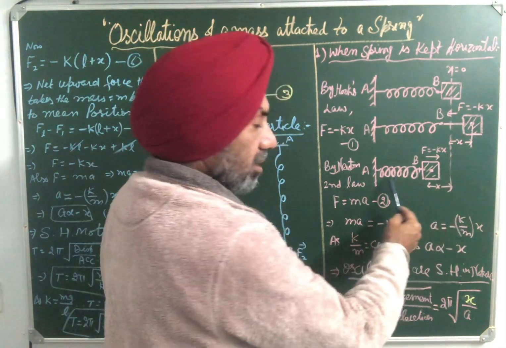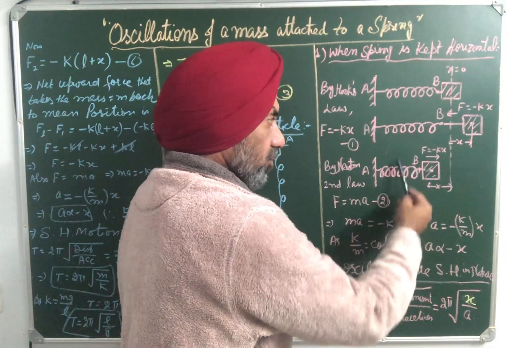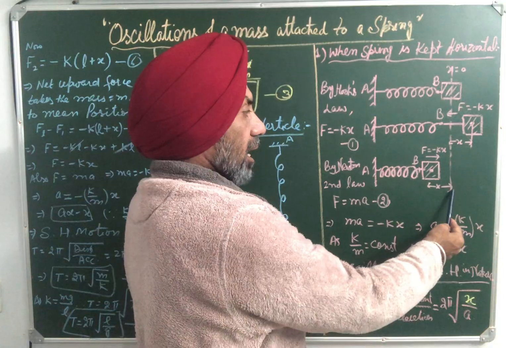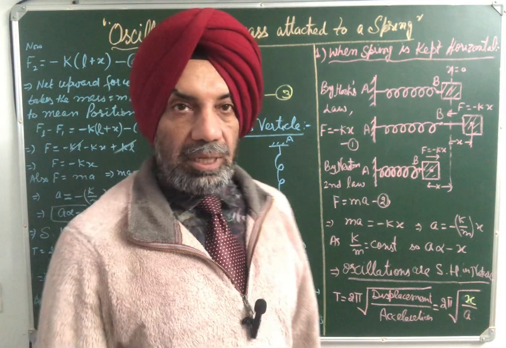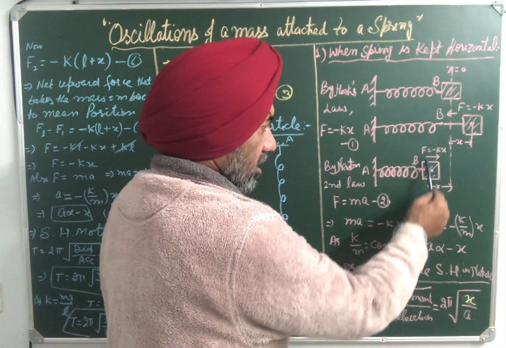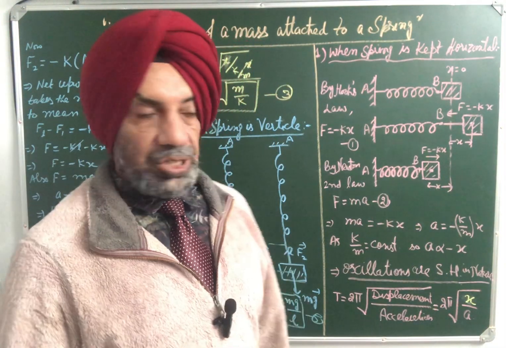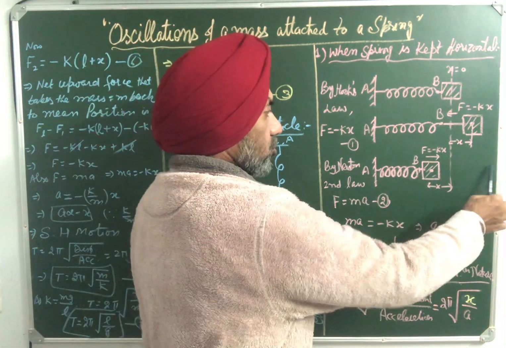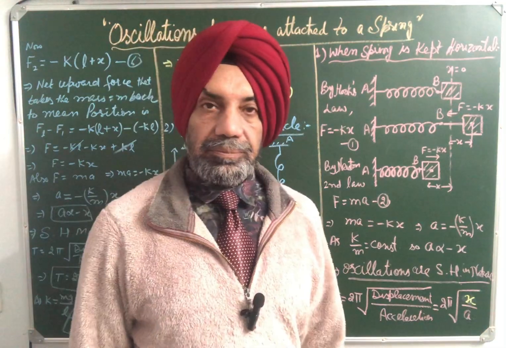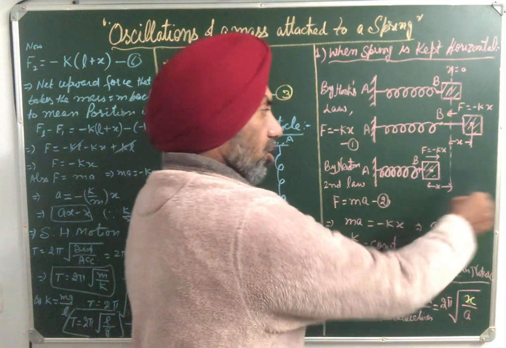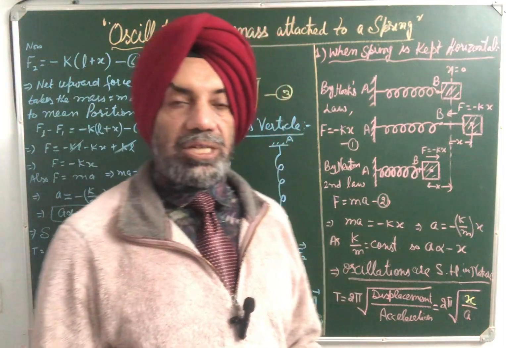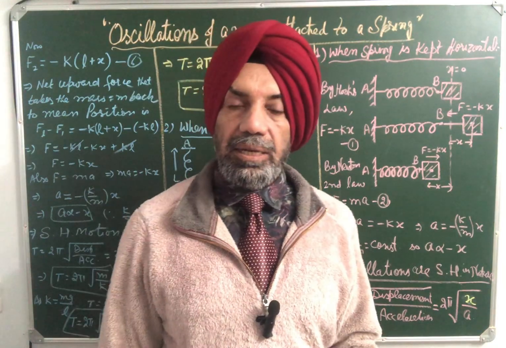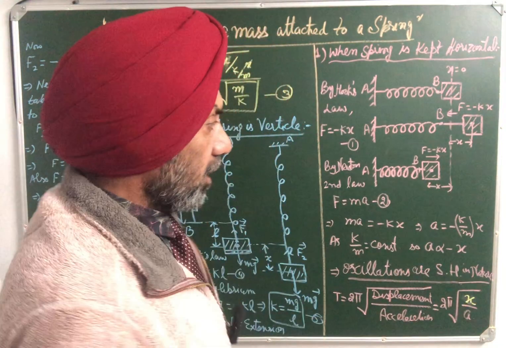When it overshoots the mean position, the restoring force again comes into play, which opposes the motion of the mass, and it stops after covering a distance x from the mean position, that is, after attaining the left extreme position, and then it turns back. So this process continues. This mass m starts oscillating about its mean position on a frictionless surface, and these oscillations are simple harmonic in nature, which we are going to prove.